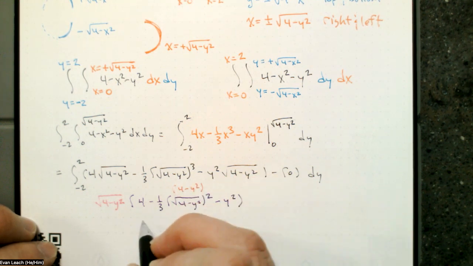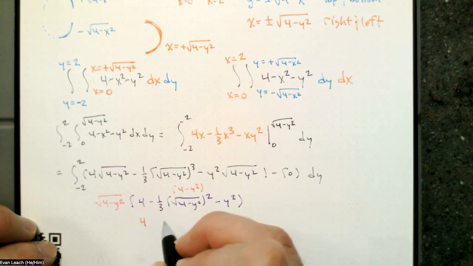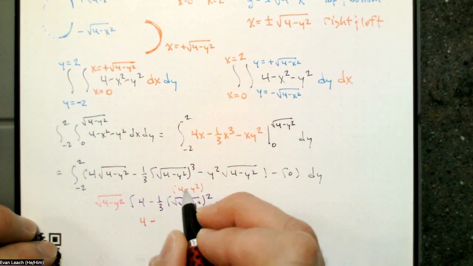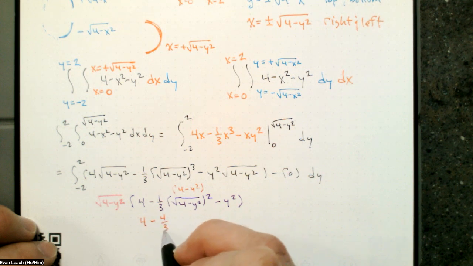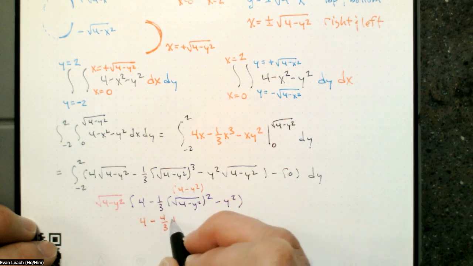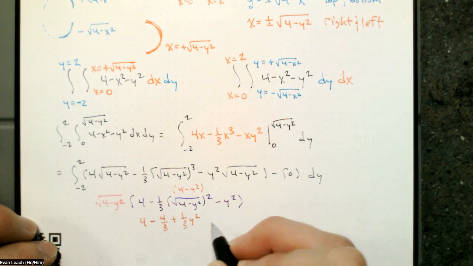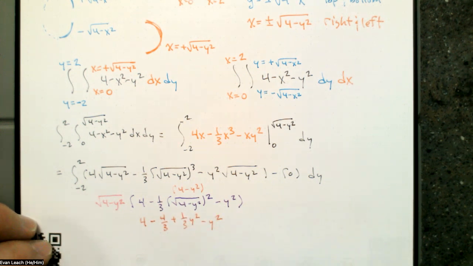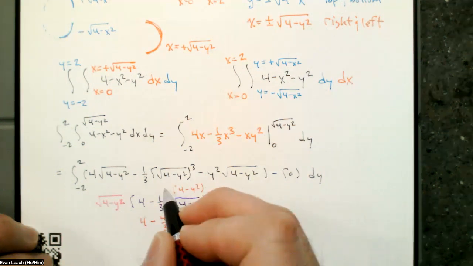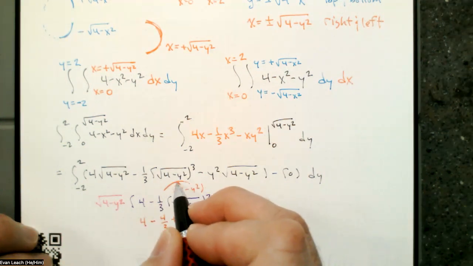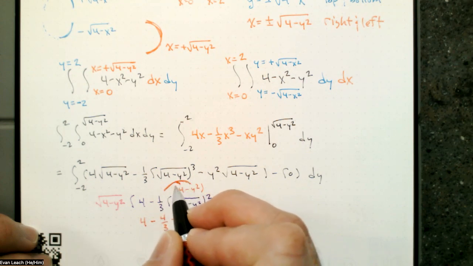So inside I've got a 4 minus 4/3 plus 1/3 y squared minus y squared. So I'm just going to distribute the negative 1/3 to the 4 and the negative y squared.